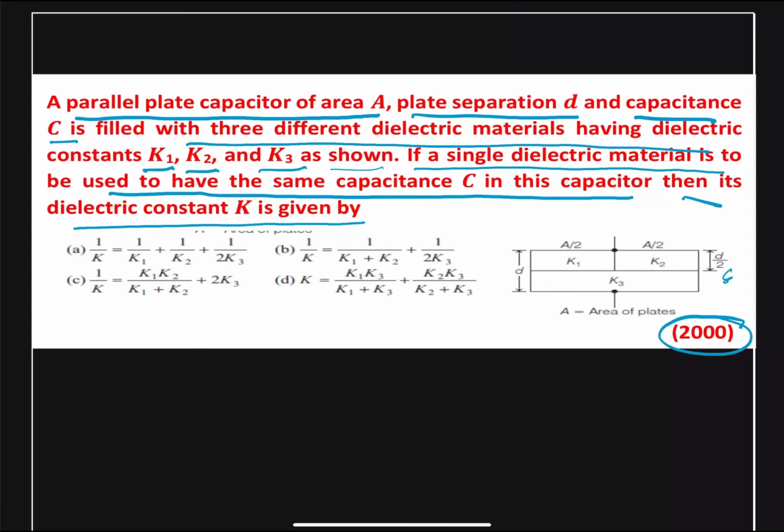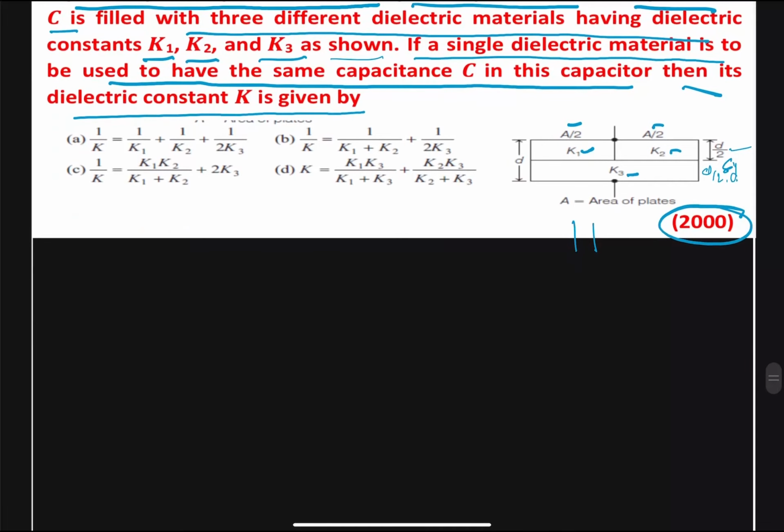We have 3 dielectric constants K1, K2 and K3. K1 and K2 are placed such that the area is divided in half, and K3 is placed such that the area is A, but its width is D by 2. So we can draw its equivalent circuit.